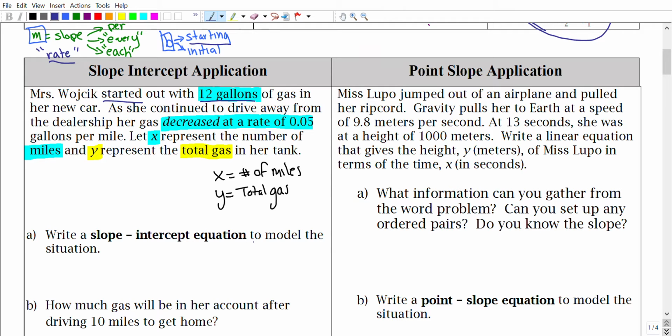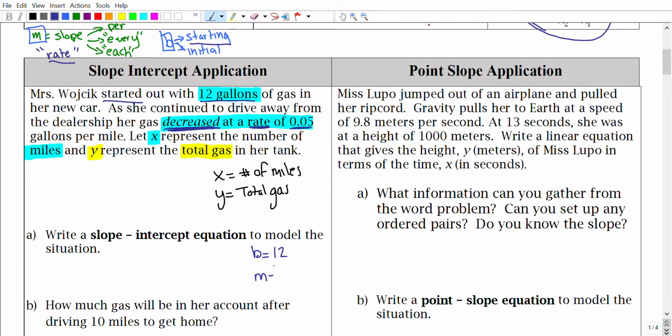So what I'm going to do here on the side is write b equals 12. Then it says she started out with 12 gallons of gas in her new car. As she continued to drive away from the dealership, her gas decreased at a rate. Here's the keyword I need for slope, the rate it decreased at. Remember, if it's decreasing, do I use a positive slope or a negative slope?